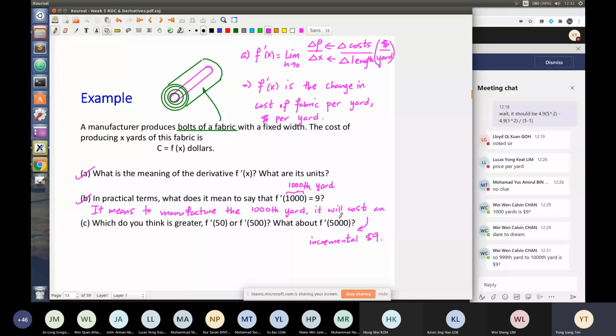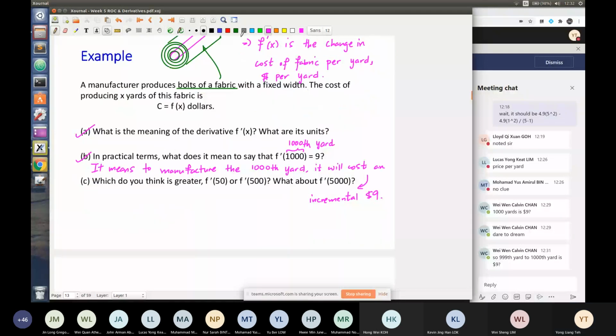So let me draw a graph to illustrate the concept of this part B further. So let's say this is your cost function, f of x. Okay, cost function. And then this is your yard.